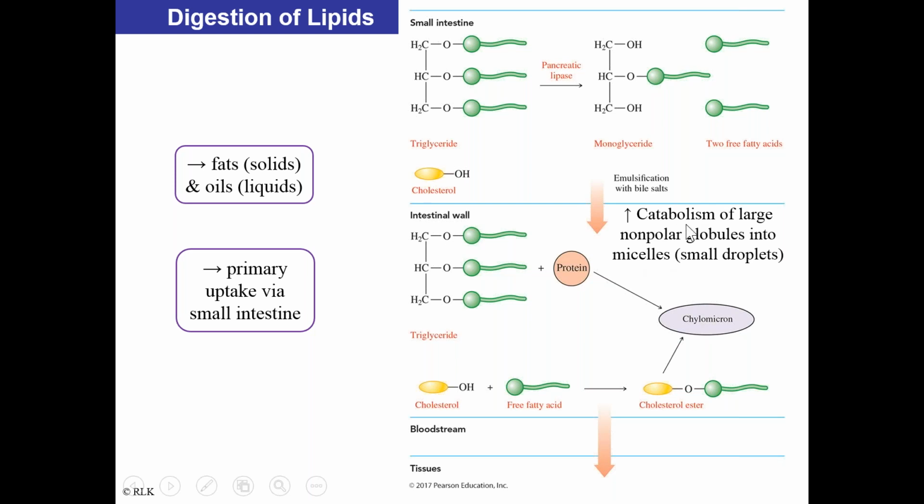You're going to have these non-polar globules, or droplets, as I put in parentheses here. You're going to have some of these different types of small molecules or different mixed phases, and all that is going to be handled uniquely in the large intestine. Okay. So esters and proteins transported via the bloodstream.